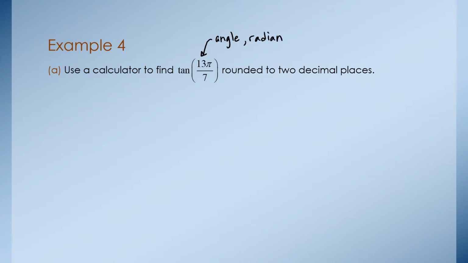So I'm going to make sure my calculator is in radian mode, and when I put into my calculator tangent of 13 pi over 7, and I round that answer to 2 decimal places, I got approximately negative 0.48.